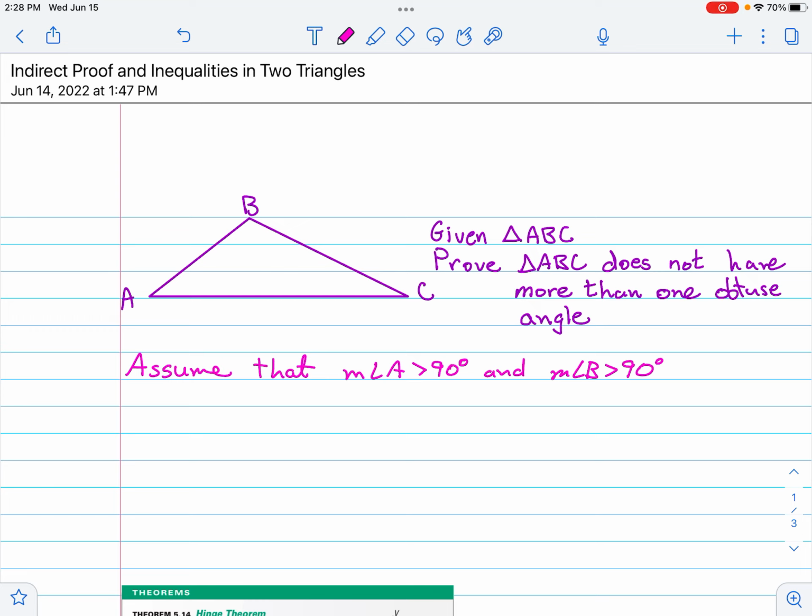Then, if that's true, the measure of angle A plus the measure of angle B is greater than 180.